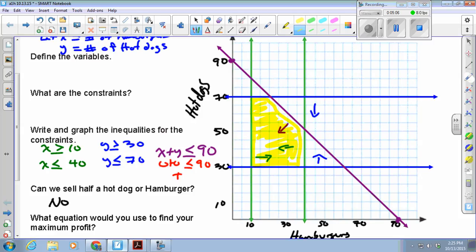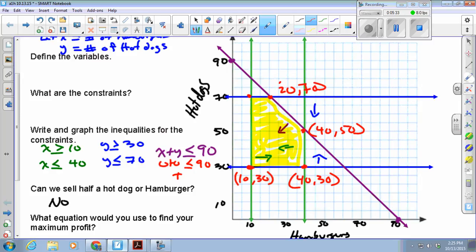What we're looking for specifically are the intersection points to maximize profits. And we've got 5 points there. We've got (10, 30), we've got (40, 30), we've got (40, 50), we've got (20, 70), and we've got (10, 70).